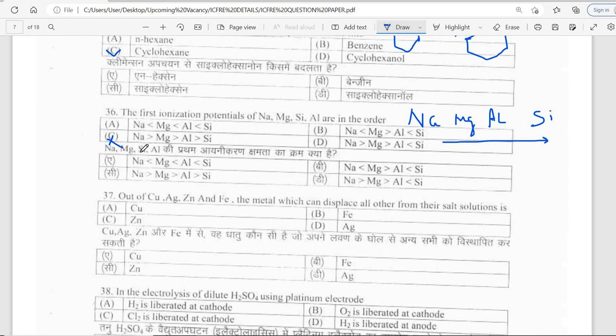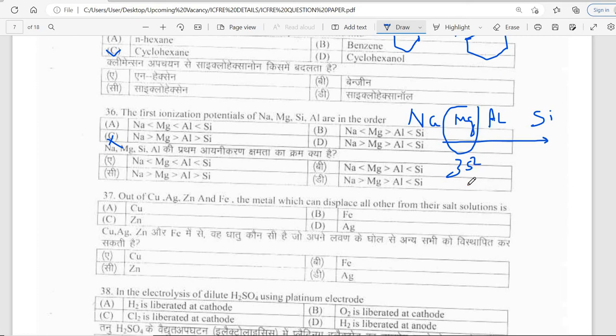But there is some correction. First ionization potential means the amount of energy required to remove the first electron from its valence shell. And if the valence shell is half filled or fully filled, then the ionization potential value increases somewhat, as you have to expect. If you observe the electron configuration of magnesium, its valence shell configuration is 3s2.